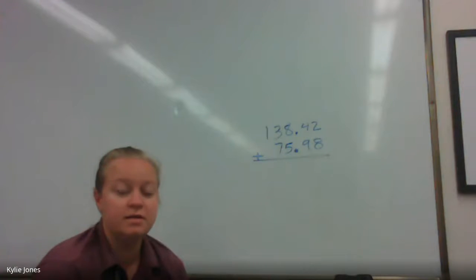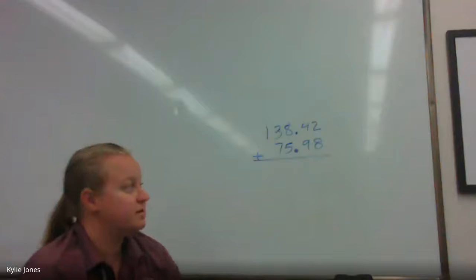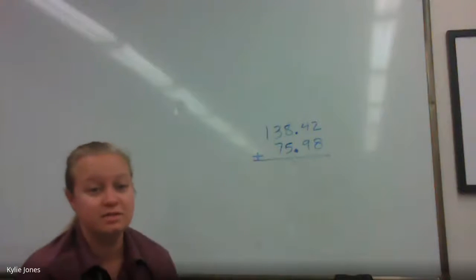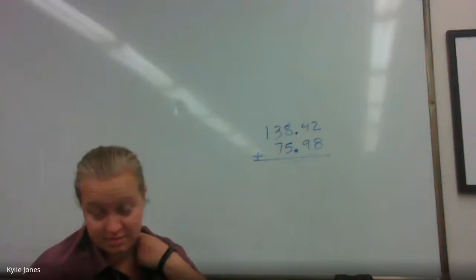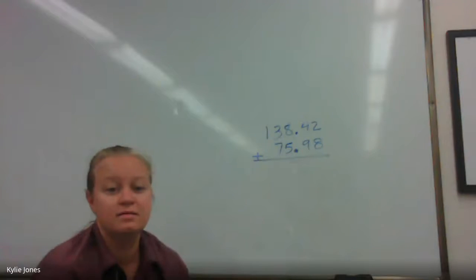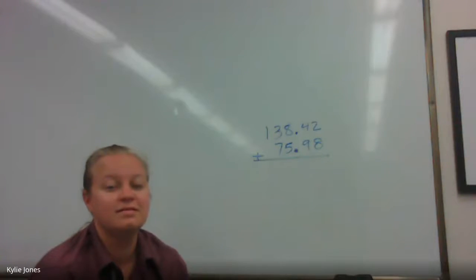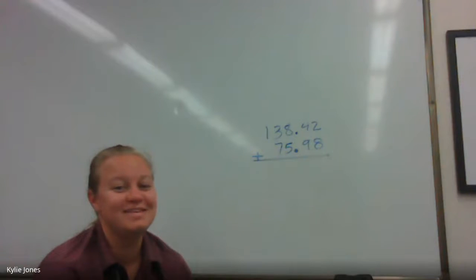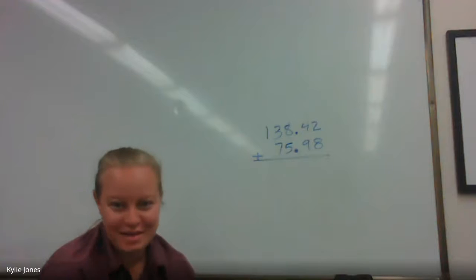All right, looking good. Someone want to explain how they got their answer? Maybe not Charles, because he just explained, but someone else. I will call on you. Sorry, Charles. Maddie, you still there?